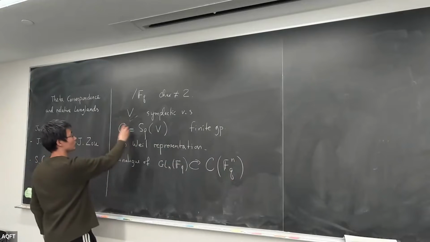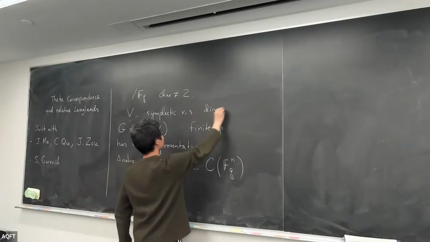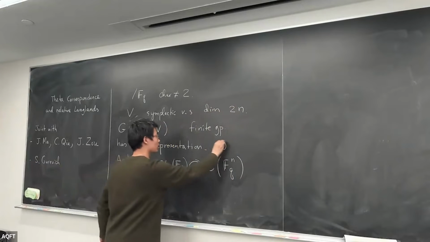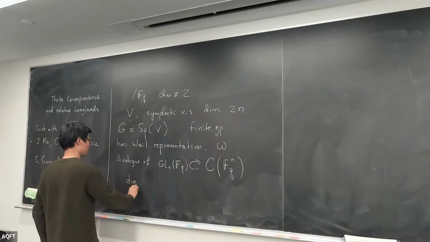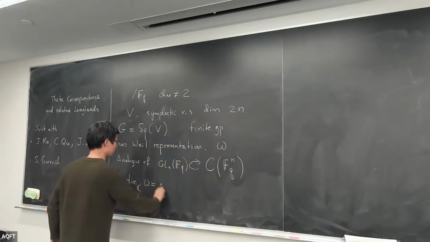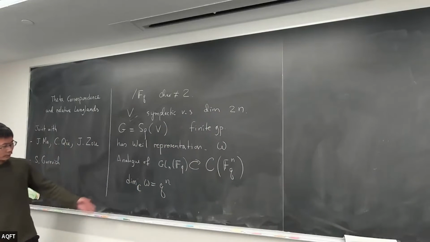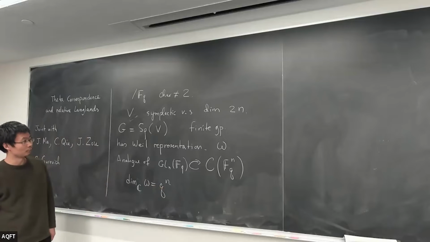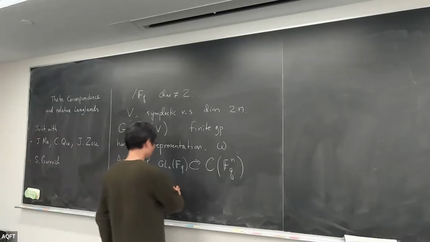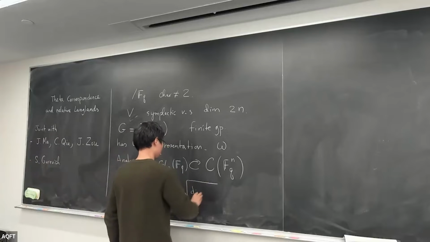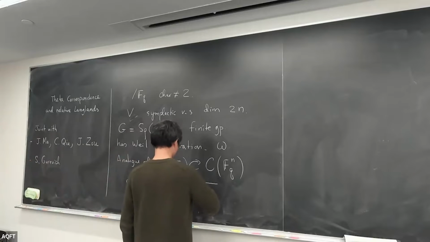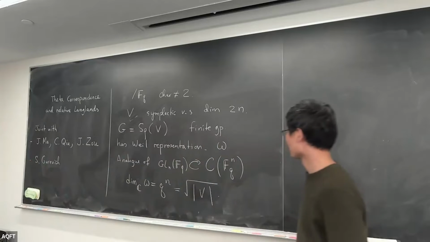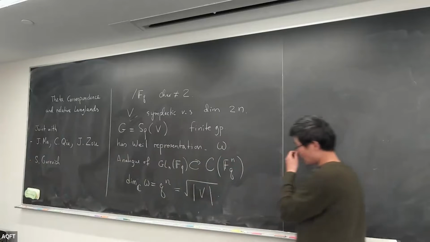And when this symplectic vector space has dimension 2n, this Weil representation is called omega. It also has dimension q to the n. So it's in some sense half or the square root of the size of the number of points indeed. So that's how large it is.